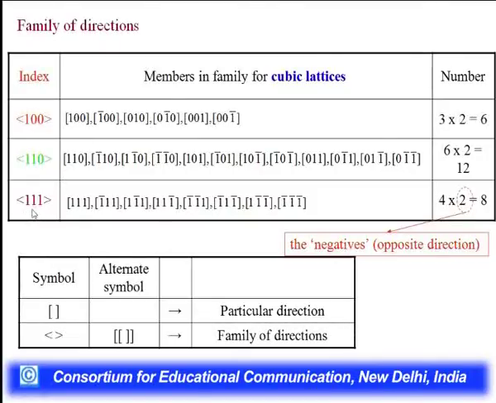Now the third one is 111. In this plane we define three axes. Here 1 bar for the negative x, means the x value is negative. Here the y value is negative, here we see that the z value is negative. Now we consider two negatives, x and y negative and z positive, that's why we have written 1 bar, 1 bar and 1.